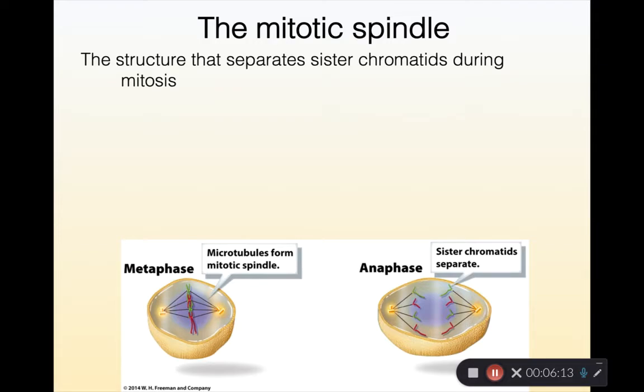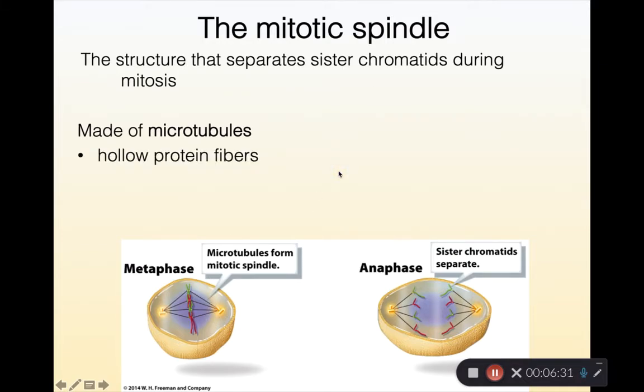So the centromere attaches to the spindle, and then they are physically torn apart into their sister chromatid structures. This mitotic spindle is made out of microtubules, which are hollow protein fibers that assist in building the spindle. As you probably remember from our previous discussions about important cellular organelles, microtubules are a really important component of the cytoskeleton.